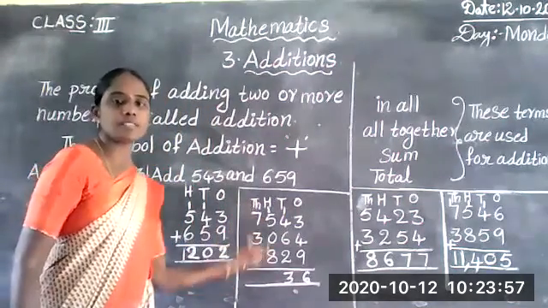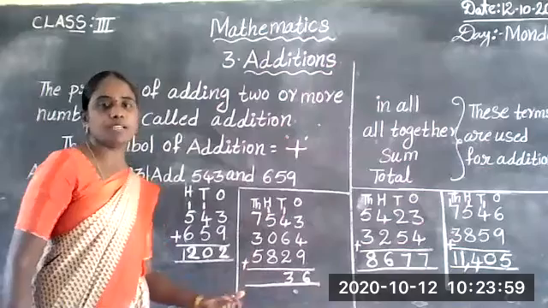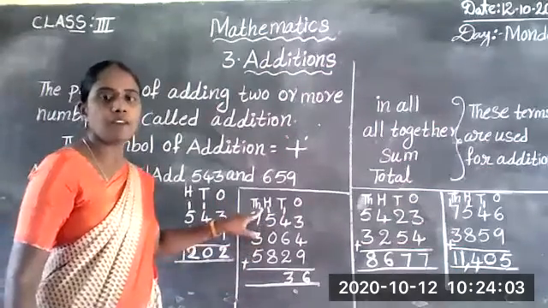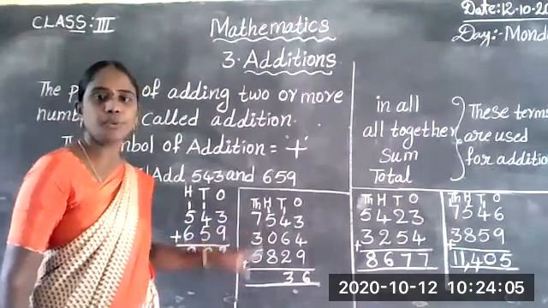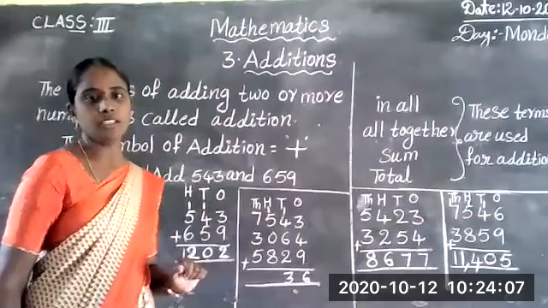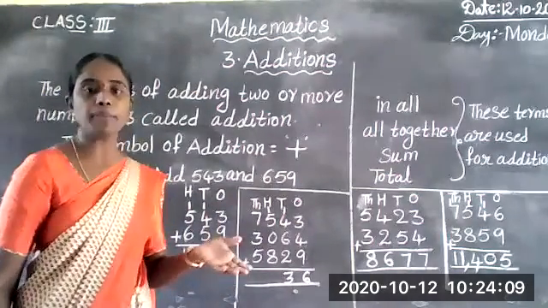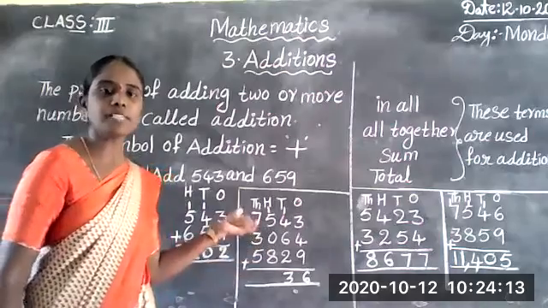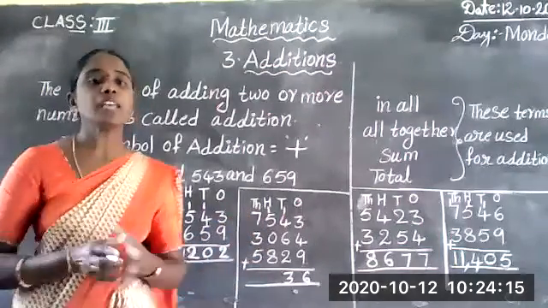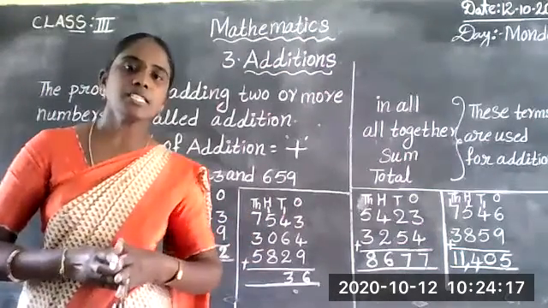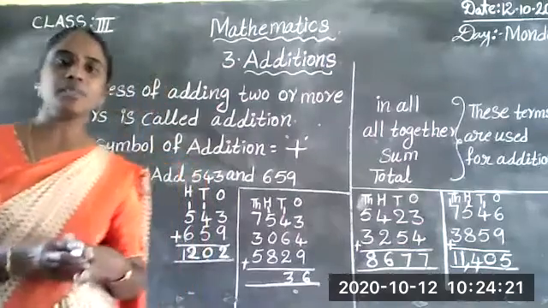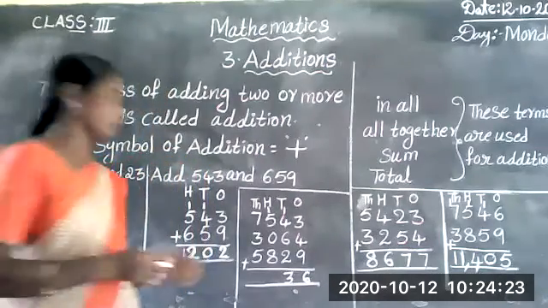Add hundreds place numbers. In the hundreds place: 1, 5, 0, 8. 5 plus 1 is 6. 6 plus 0 is 6.